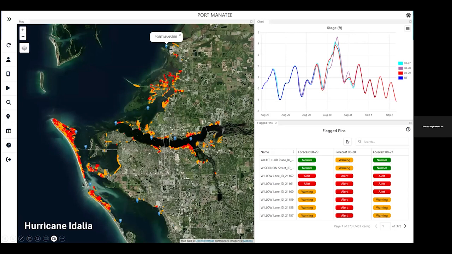I think this is Longboat Key here, the Manatee River, and then the Braden River here. Again, we're predicting this out several days in advance. We can also list out all of those risk points for each of the forecasts that are getting lit up, in other words, where we're hitting alert and warning elevations.